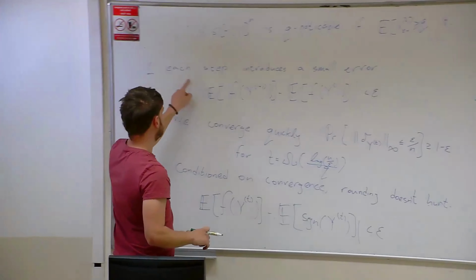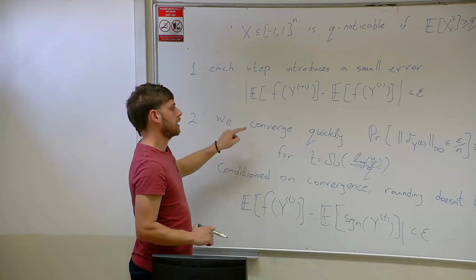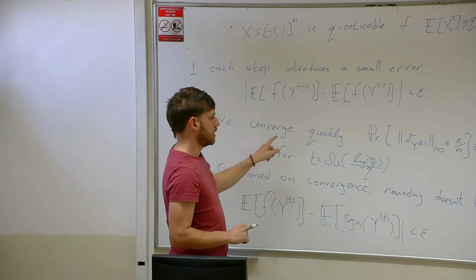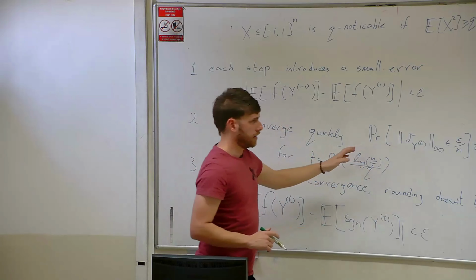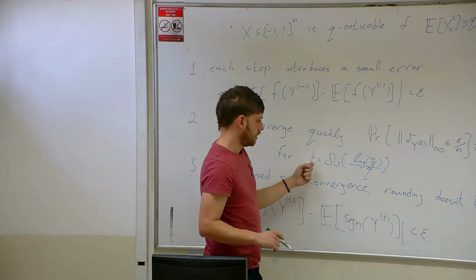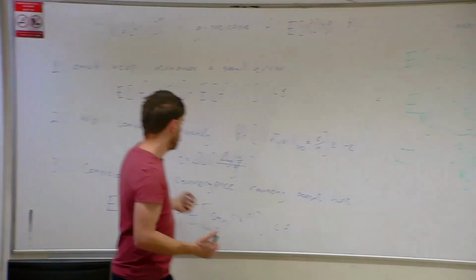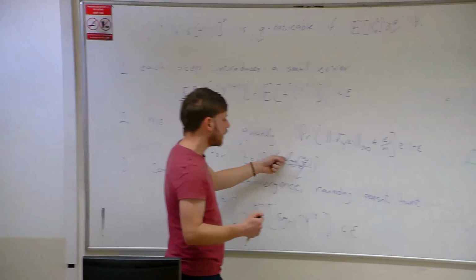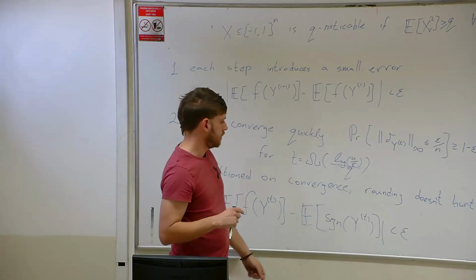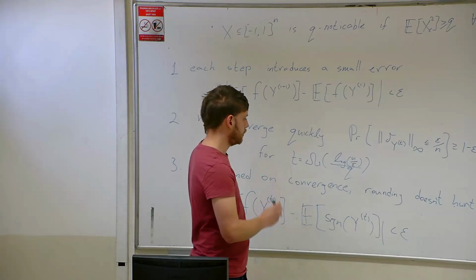So we proved the first lemma. The second lemma is not very insightful, so I'll skip it. But the main point is that we need to perform t steps in the fractional PRG, and t should be logarithmic in n and epsilon, and inverse linear in q.